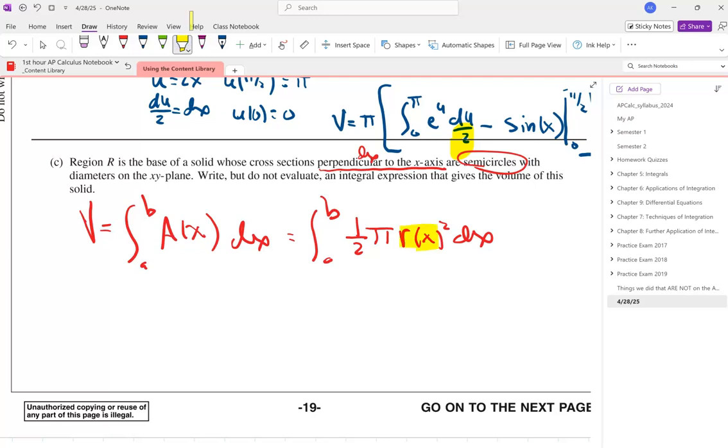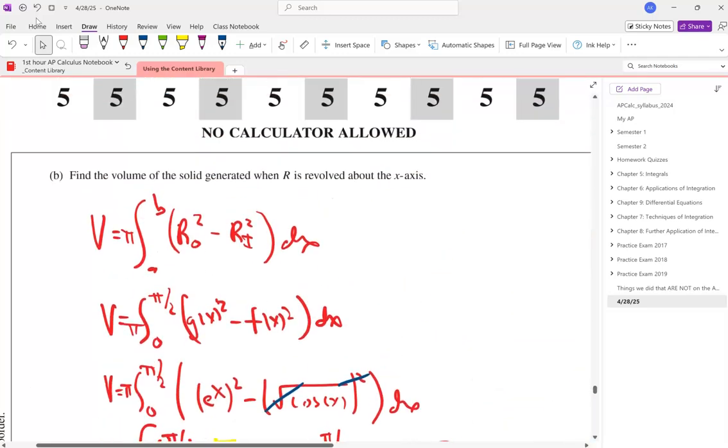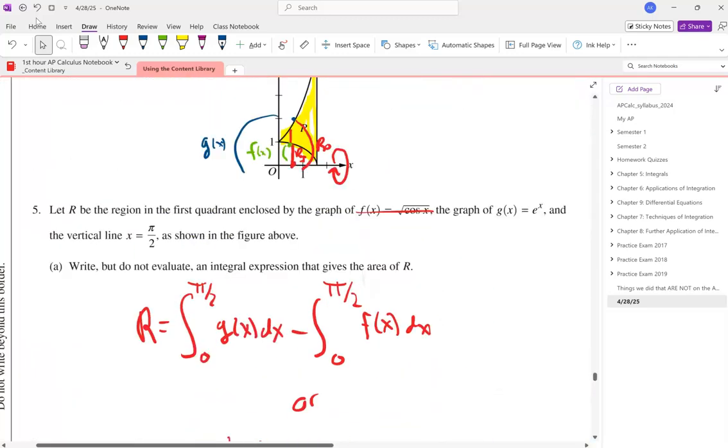And now all that I need is to come up with an expression for r of x, the radius of those semicircles in terms of x. Does that feel good to everybody? And I suspect this is a point already. One point of credit for this question is enough if you've given them this without even finding the specific r of x or the value.